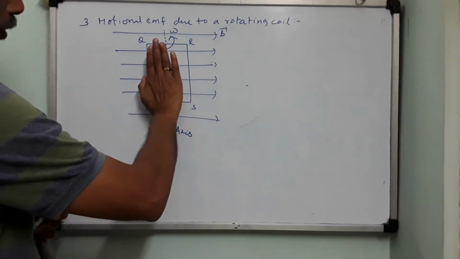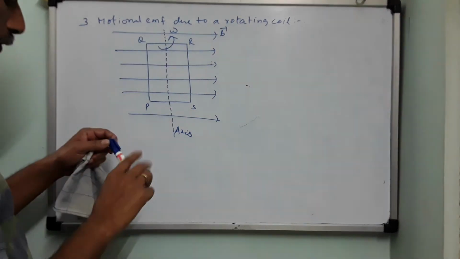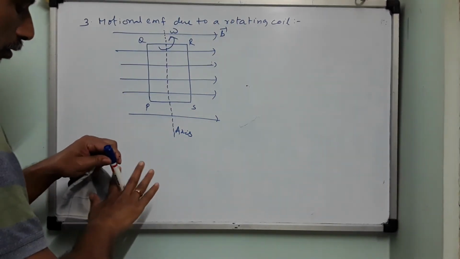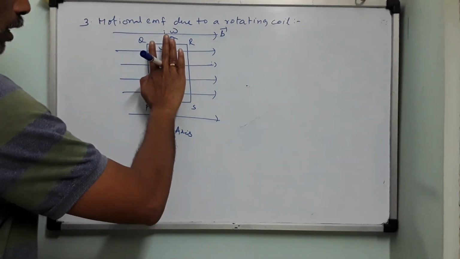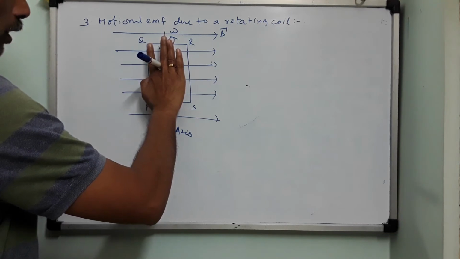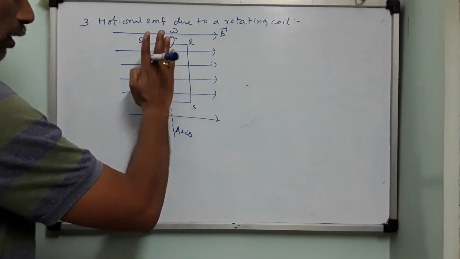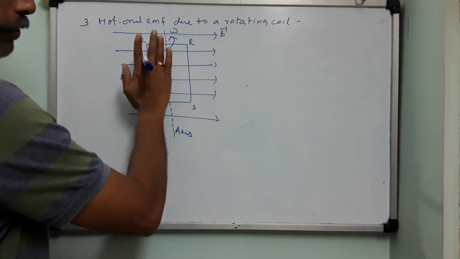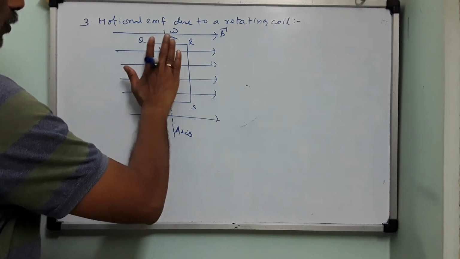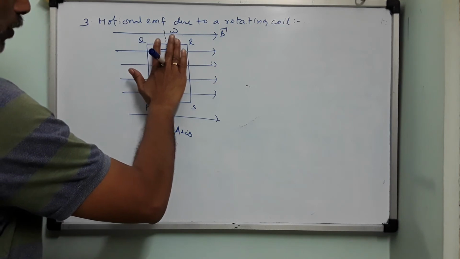So as the coil rotates, now the situation is like this. Coil is placed like this and the normal is like this. Now if you rotate it clockwise or anti-clockwise, now this is actually clockwise. So if I rotate this in the clockwise direction, what will happen?